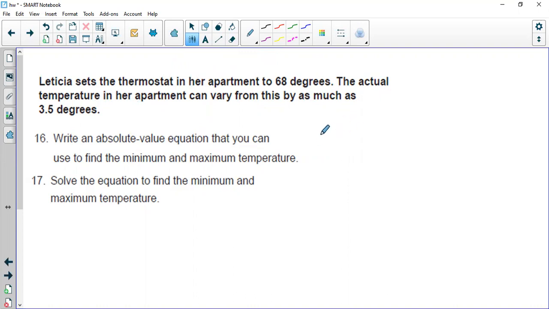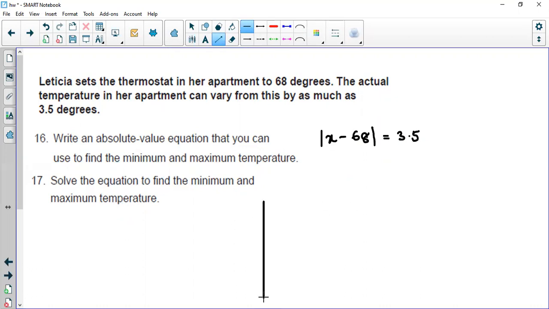So let's write the absolute value equation. We put the absolute value sign. x is the temperature which can vary, which can go up or go down. So the actual temperature setting was 68, which can vary by 3.5 degrees. Solve the equation to find the minimum and maximum temperature.